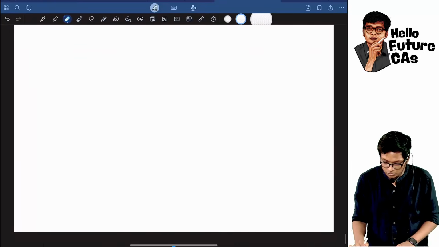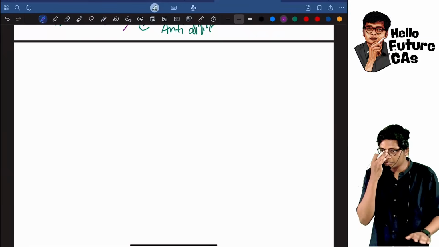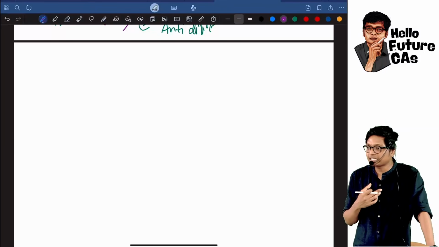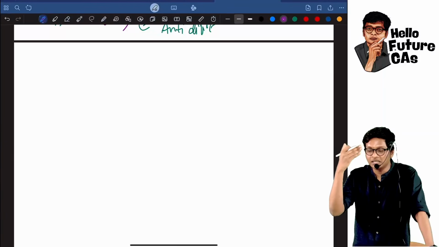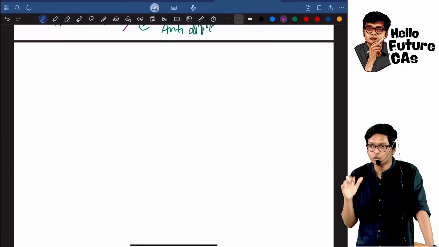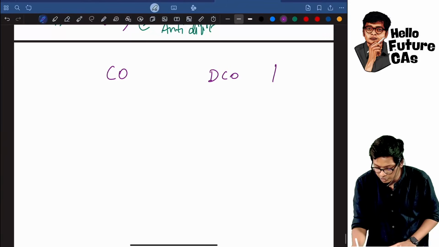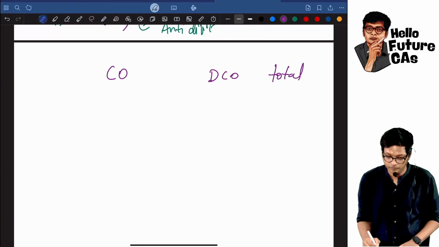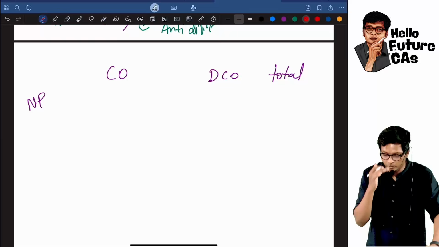Whenever there are continuing and discontinuing operations, you need to find EPS separately for the continuing, separately for the discontinuing, and then we will do a total also. So: continuing operation, discontinuing operation, total. What is the numerator? Net profit given.